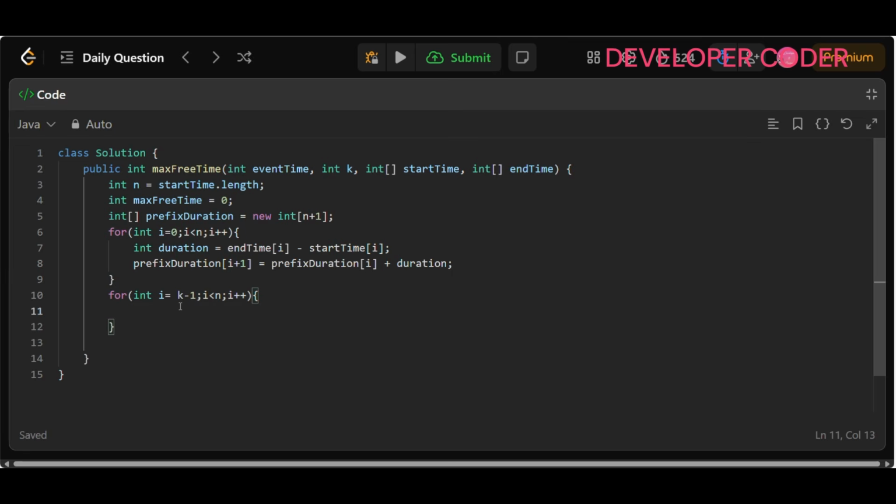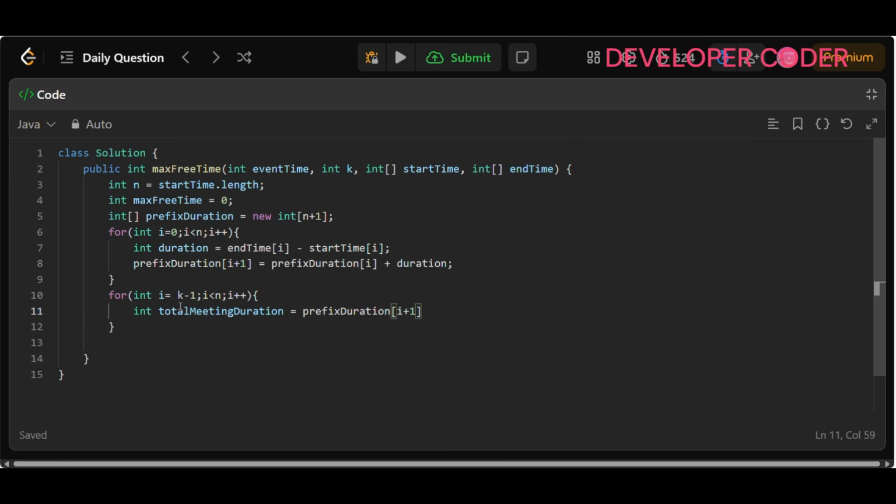So here, int total meeting duration is equal to prefix duration of i plus 1.